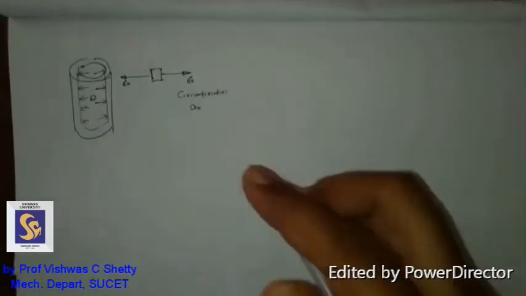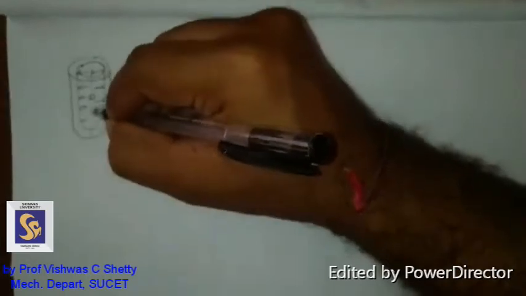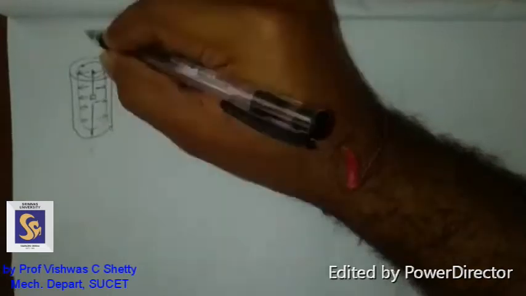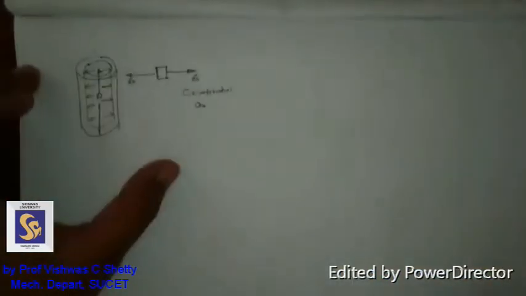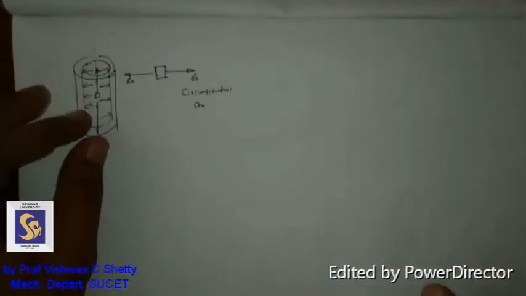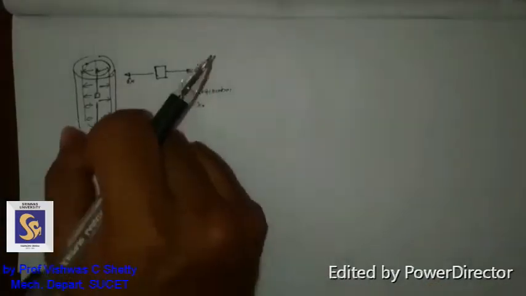Or the fluid inside can also try to exert pressure in the axial direction. So this is the centroidal axis of the cylinder. It can either act this way, or try to break the specimen and burst the cylinder circumferentially.